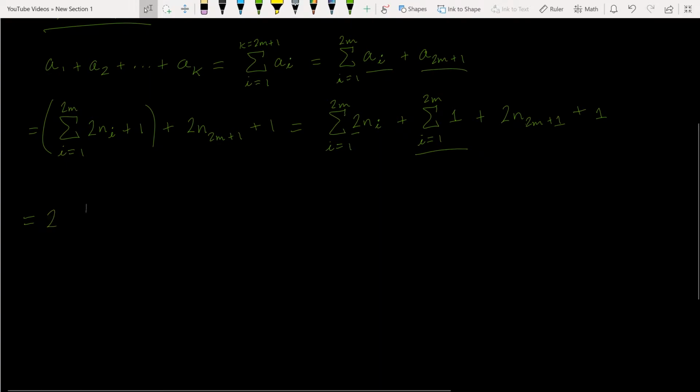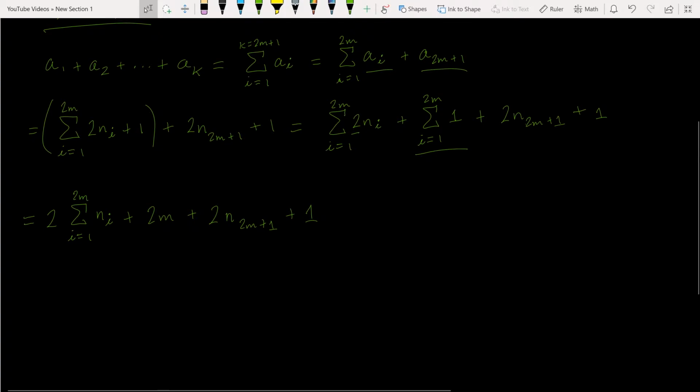So we can write 2 times the summation from I equals 1 to 2m of just n sub I, plus 2m, plus 2 times n sub 2m plus 1, plus 1.